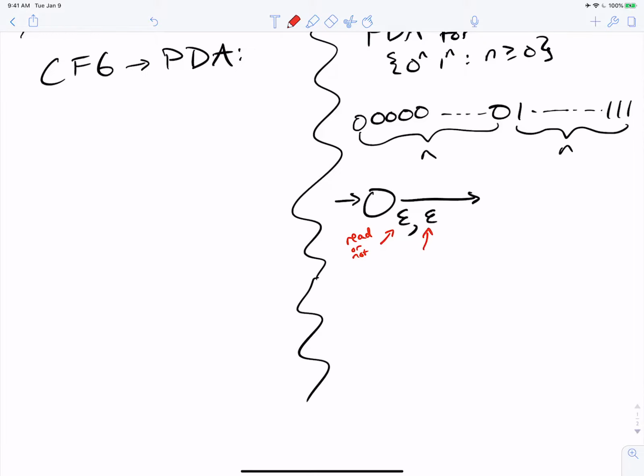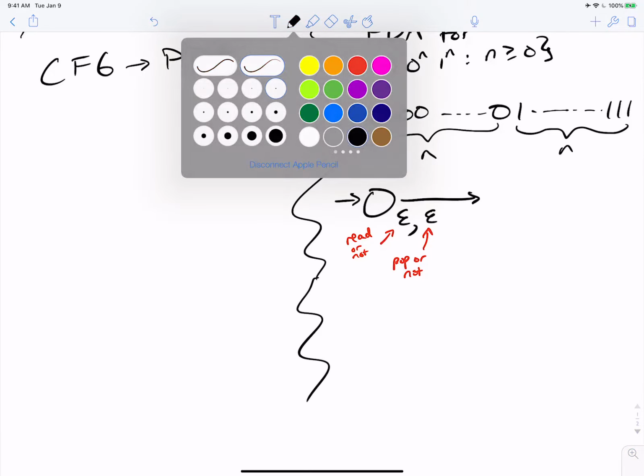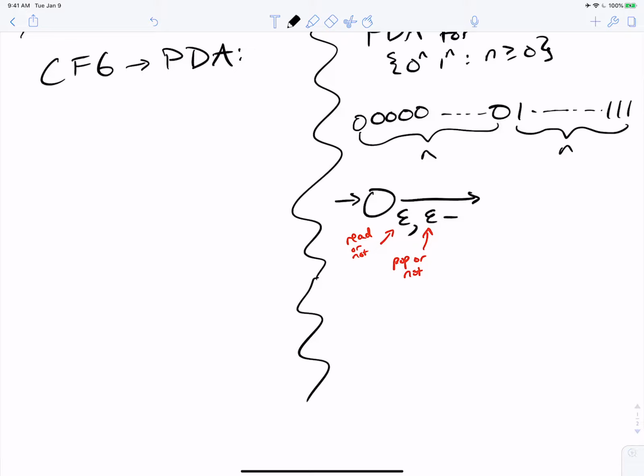The second one after the comma means pop or not. And then we have to say what we're going to push on the transition. The way we notate that is arrow $, or arrow whatever you're going to push. So this third one is the thing that we're going to push or not.